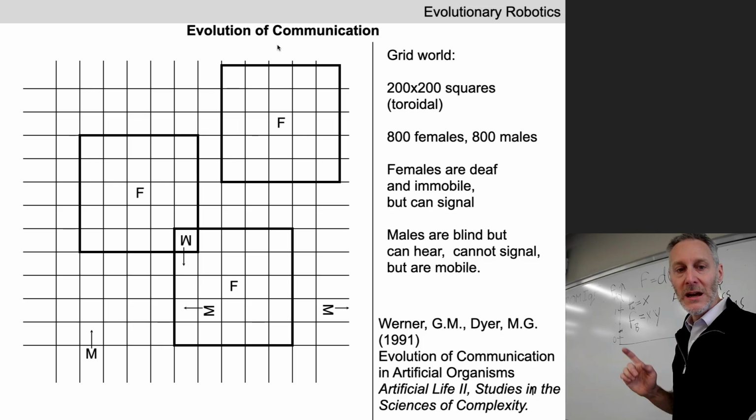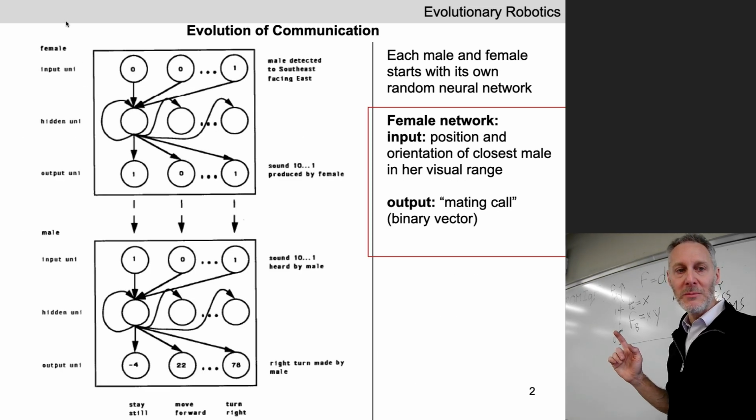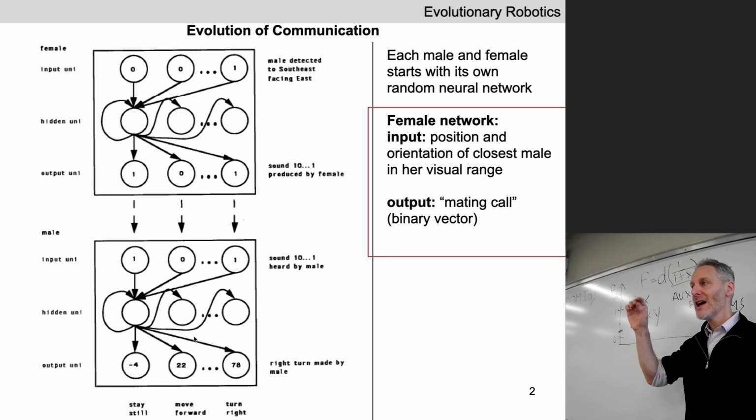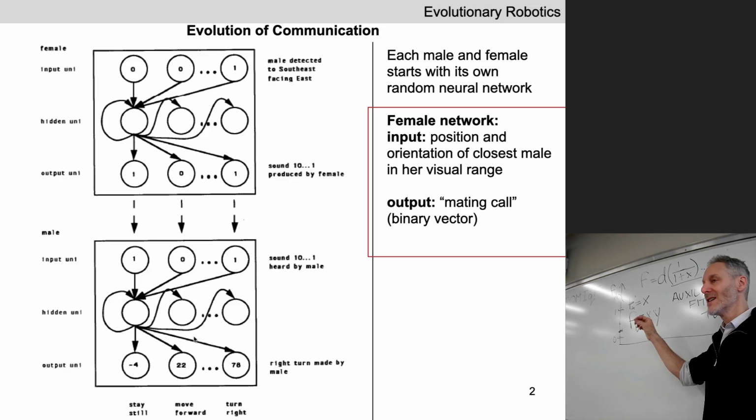Okay, here we go. So we've got 800 females and 800 males. Every single one of these 1,600 agents has exactly the same neural architecture. They have a row of input neurons. This is for the females, same thing for the males. Each female and each male has a row of hidden neurons.